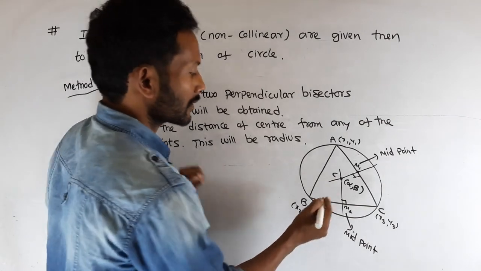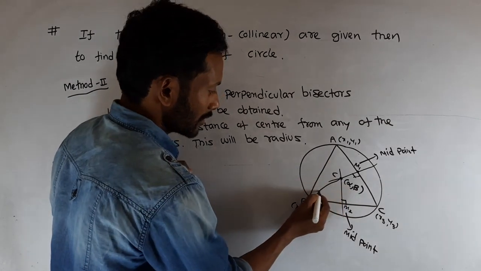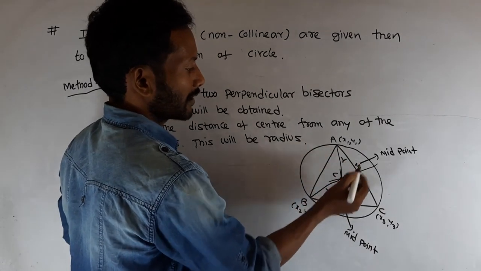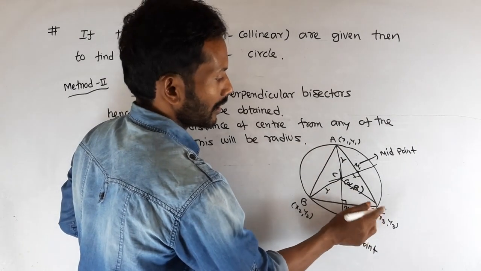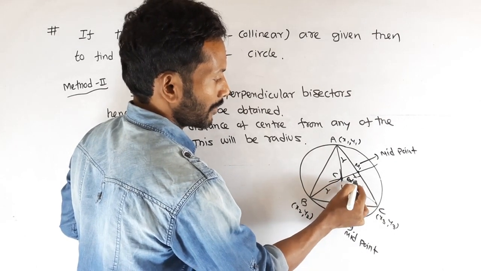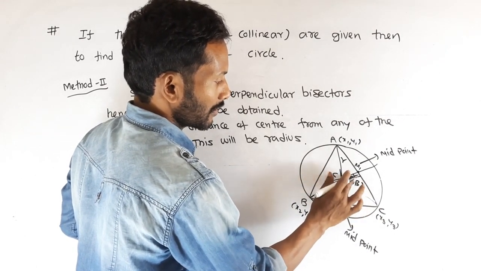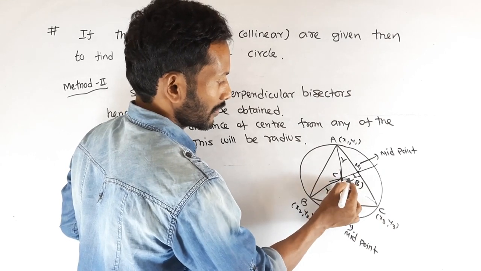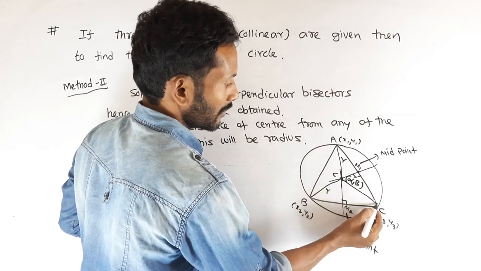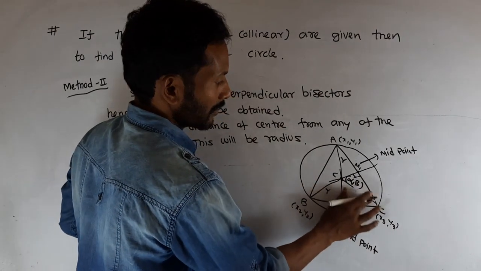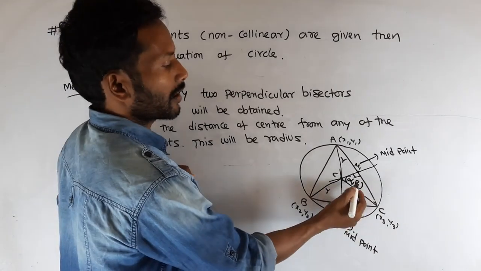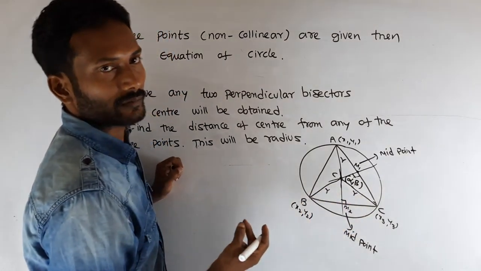రేడియస్ అవైలబుల్ was this one radius r, this one radius r, this one radius r. Alpha comma beta center. Center alpha comma beta, radius is r.